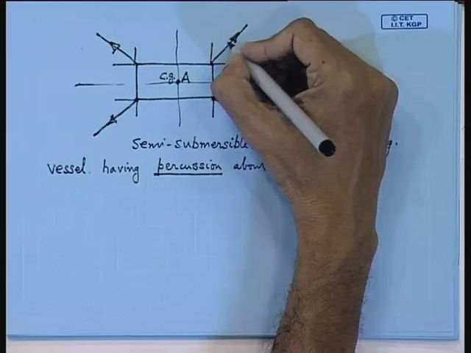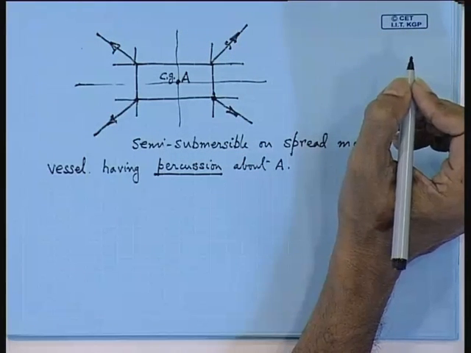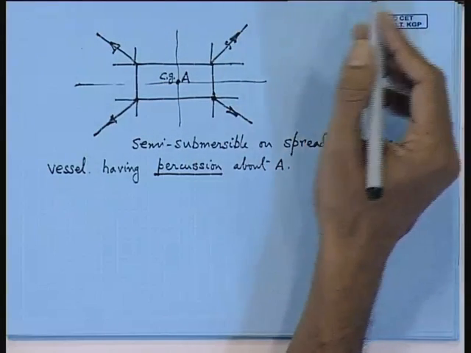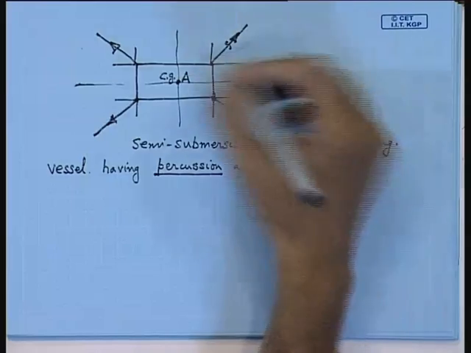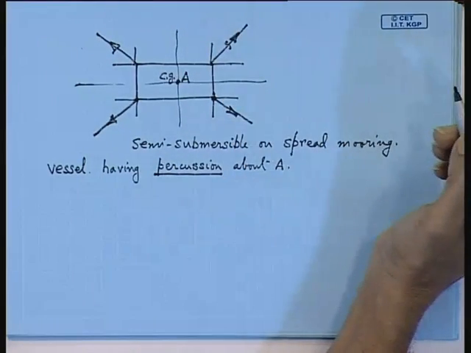Suppose I snap one of these lines. An anchor line snaps. A tsunami has come, say it has actually happened in the Navy floating dock. This was a floating dock, and one of the anchor lines had snapped.